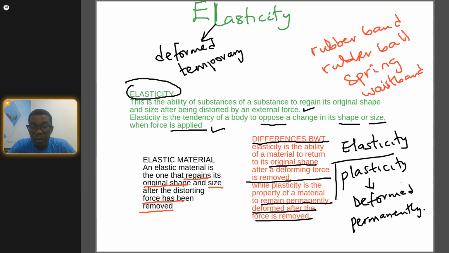Now we want to consider what we call Hooke's law. That is what we want to consider next. That law was actually propagated by a scientist called Hooke. Permit me to wipe the board.